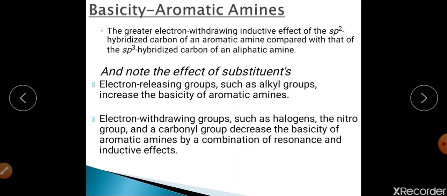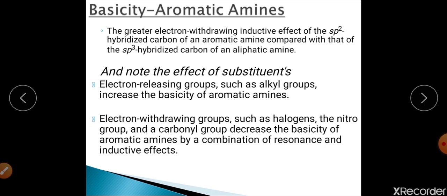When we talk about the substituents attached to the benzene ring, we can say that the groups which are electron releasing will tend to increase the basicity of the aromatic amines, and in contrast, the groups which are electron withdrawing in nature will decrease the basicity of the aromatic amines.